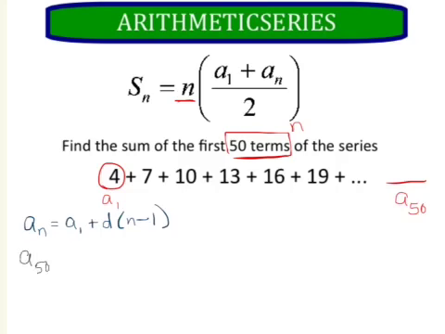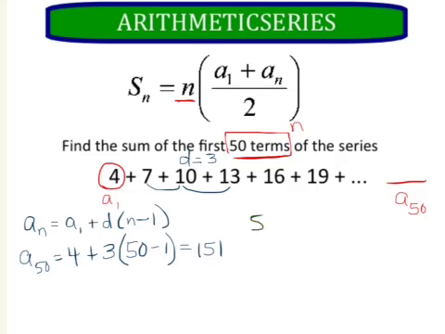So A50 would be equal to A1, the first term, plus d times n minus 1. Well, d is what we're adding each time, and here we can tell that d is 3. Then we want the 50th term, so we're going to put in 50 for n. When I do that, I will find that my 50th term should be 151. Now I'm going to plug it all into my sum formula.